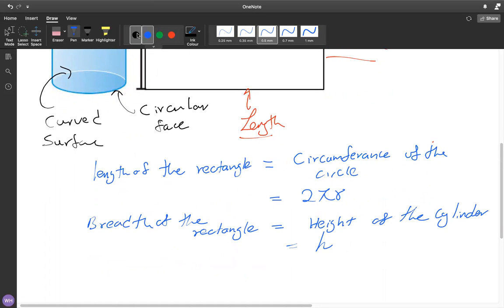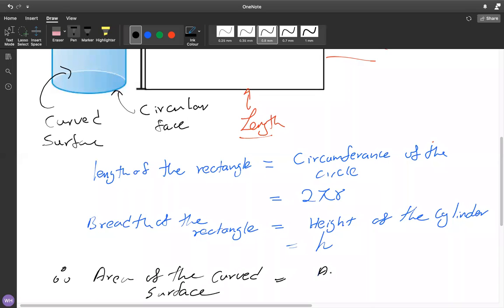Now you can find, therefore, area of the curved surface will be equal to area of the rectangle.